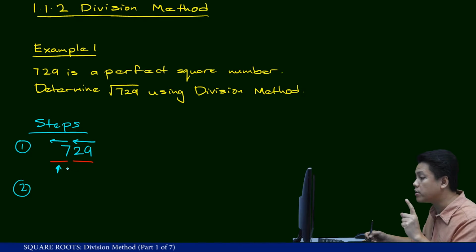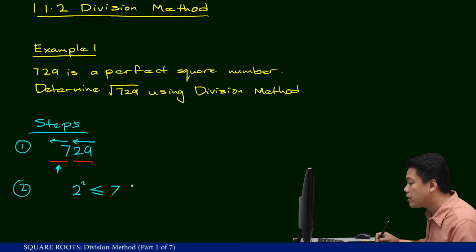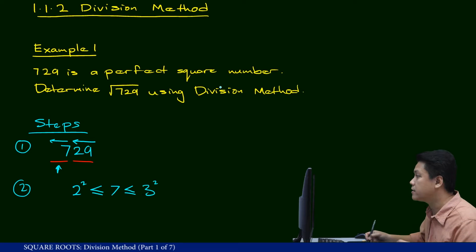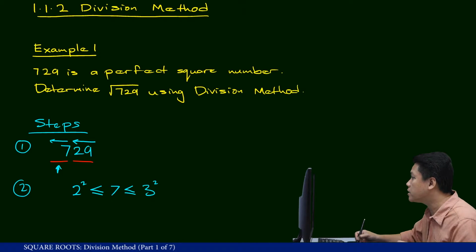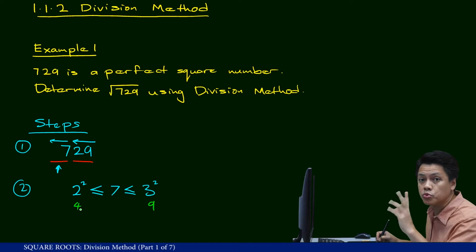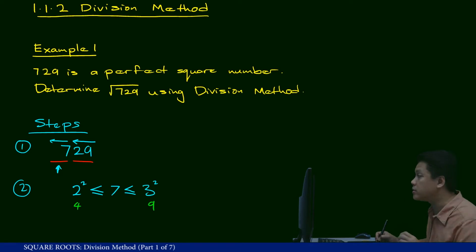So 2 squared is less than or equal to 7, and 7 is less than 3 squared, because 3 squared is 9. So we're going to use 2 squared, which is 4, as the number that we start with.